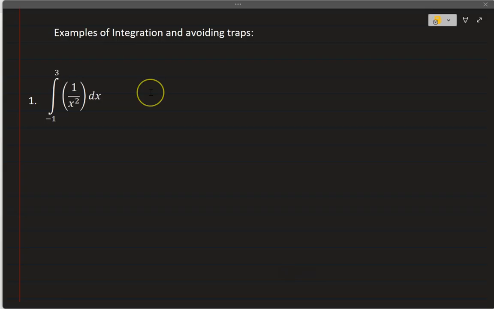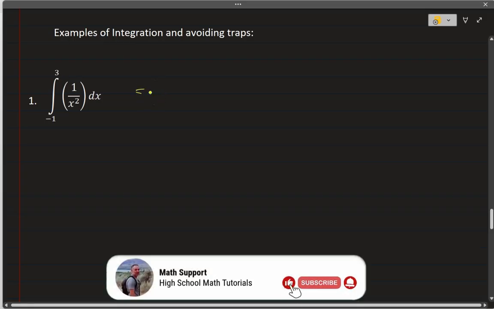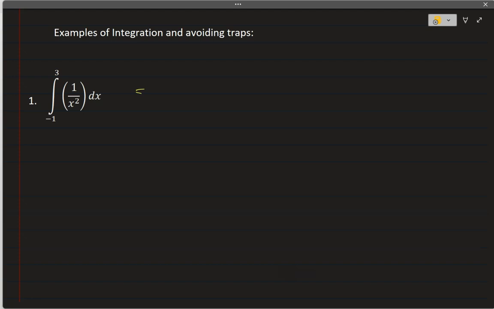All right, first one, I'm going to start with a hard one. This is the one that you have to be very careful. Well, let's go ahead and just do the integration, but before doing that, make sure that you're using the power law. So we're going to rewrite this as a power, x to the negative 2 dx. So that would be x to the negative 2 plus 1 divided by negative 2 plus 1.